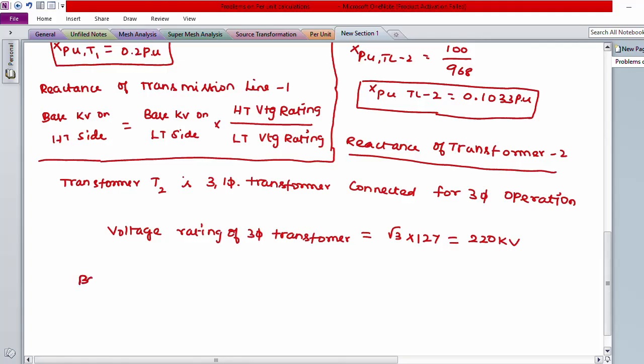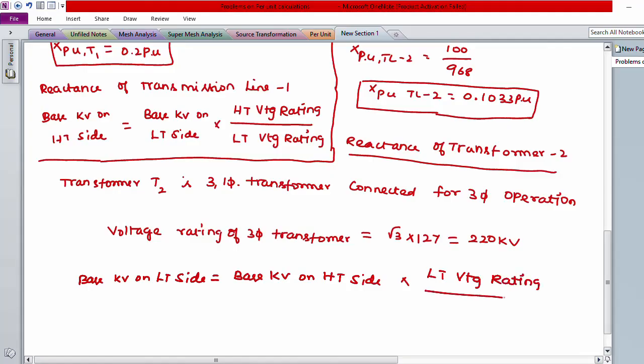So the base kV on LT side is equal to base kV on HT side into LT voltage rating divided by HT voltage rating.